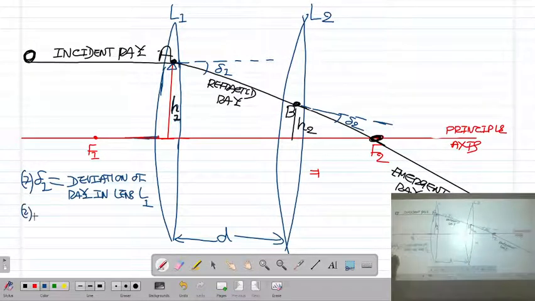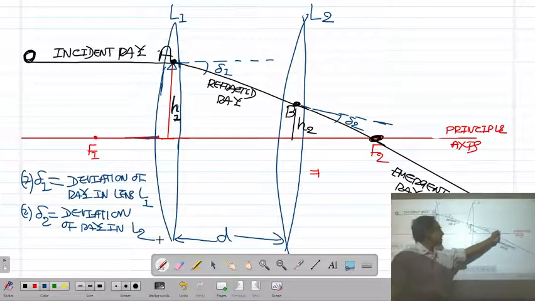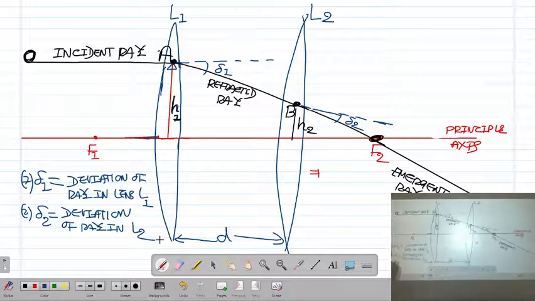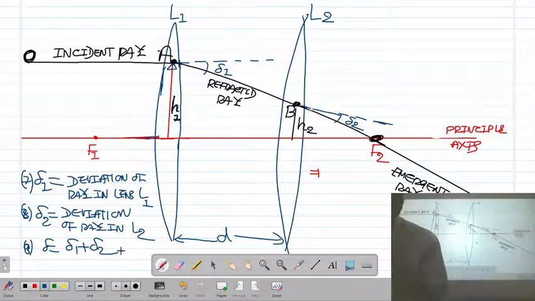So delta 2 is the deviation of the ray in lens L2. So what is the total deviation? The ray is deviated through angle delta 1 in the first lens and again through angle delta 2 in the second lens. So the total deviation of the ray will be delta 1 plus delta 2, right? Okay.